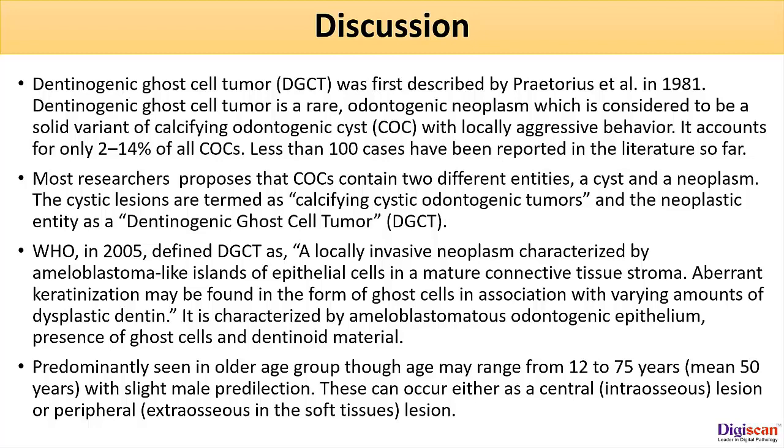WHO in 2005 defined dentinogenic ghost cell tumor as a locally invasive neoplasm characterized by ameloblastoma-like islands of epithelial cells in a mature connective tissue stroma. Aberrant keratinization may be found in the form of ghost cells in association with varying amounts of dysplastic dentin. It is characterized by ameloblastomatous odontogenic epithelium, presence of ghost cells, and dentinoid material.